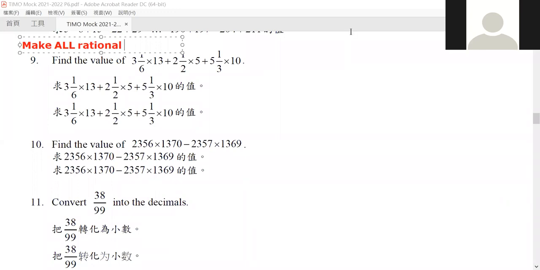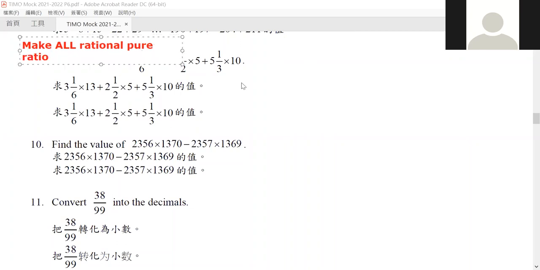We cannot have a number which carries an integer. Now, what does that mean? It means that we need to convert them. Instead of having all these numbers that carry an integer, we want to transform them into a pure ratio.